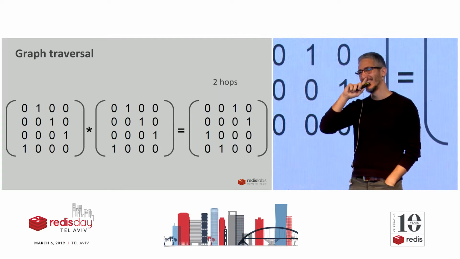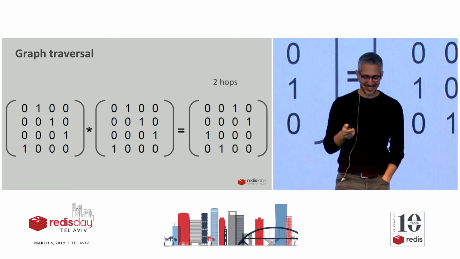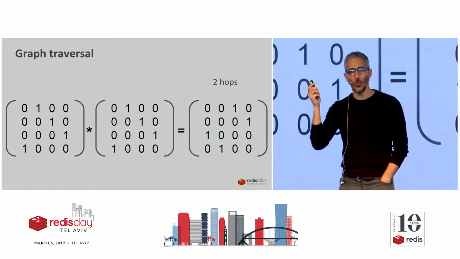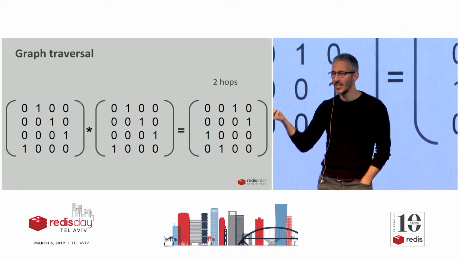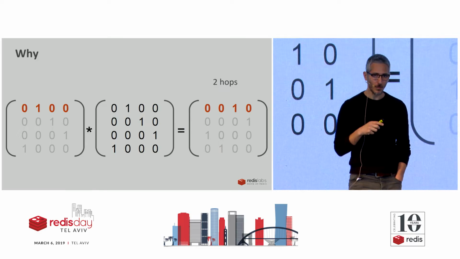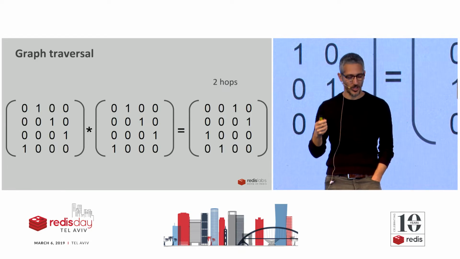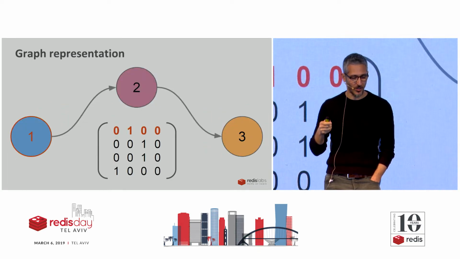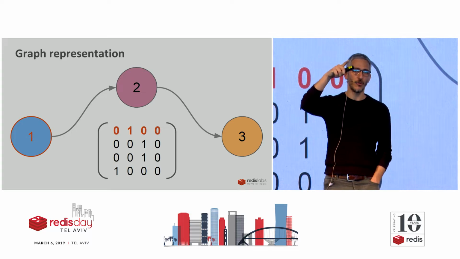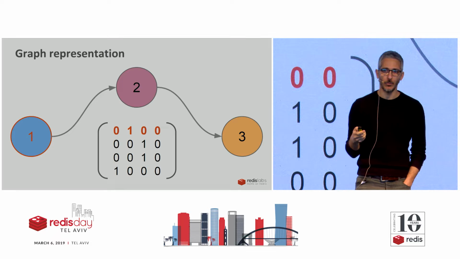I find it oddly unbelievable. Anyhow, the first time I saw this, I was extremely surprised. I did not exactly understand why matrix multiplication does graph traversal. So here's why. Let's just focus on node 1 going to node 2, and from node 2 you can reach node 3. So 3 is a second level neighbor of node 1.